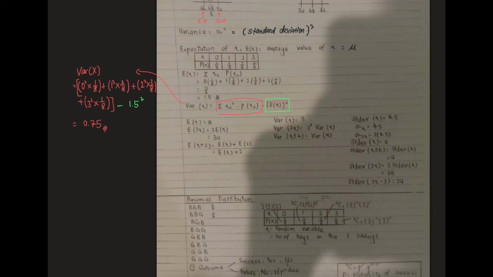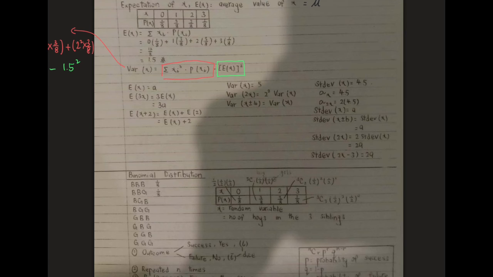Okay, now let's see more information. Here we have E(X) equal to a. If the mean is a, now let's say it becomes E(3X). We just need to know when there is a number over there, how it affects the mean.